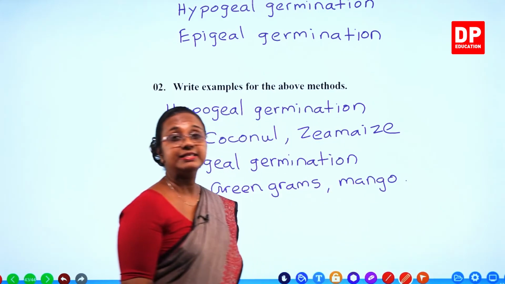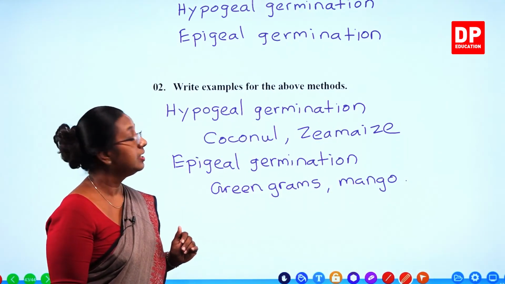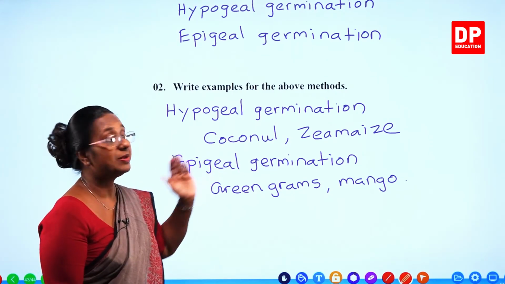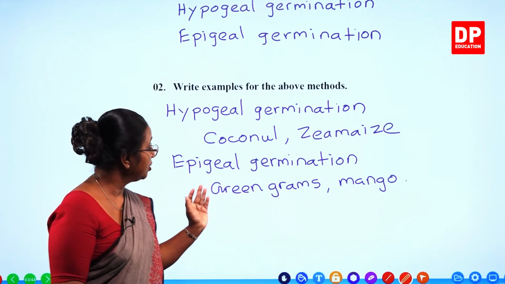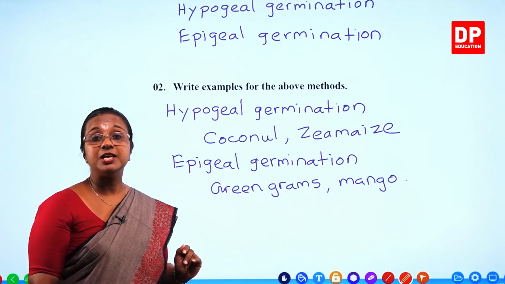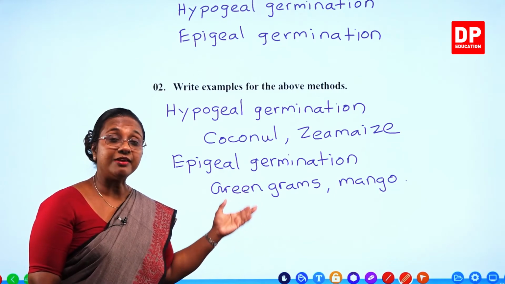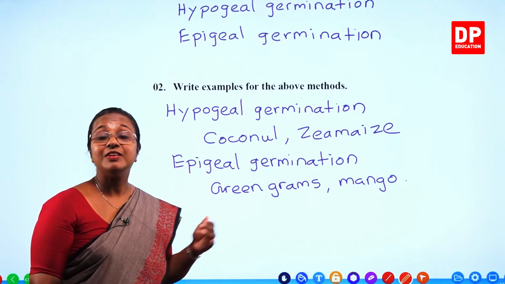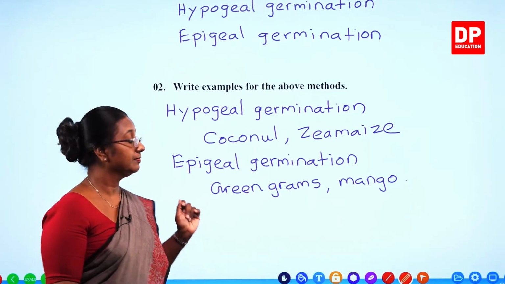These are all examples of epigeal and hypogeal germination. I am sure, students, you all are familiar with monocot and dicot plants. You have even observed the germination of green gram plants. So you can write any suitable example. So with that, students, I will move on to the next question.